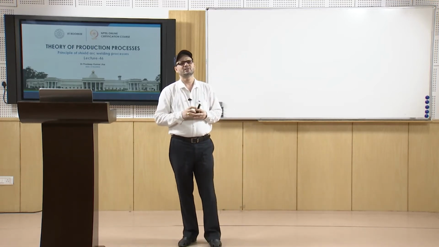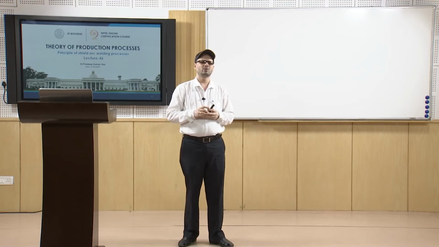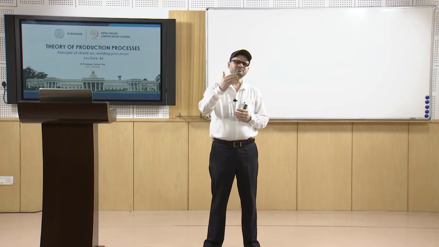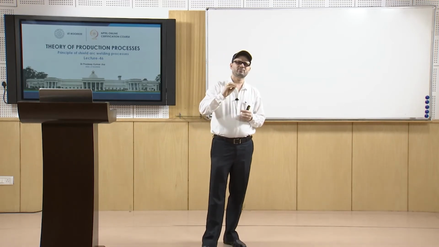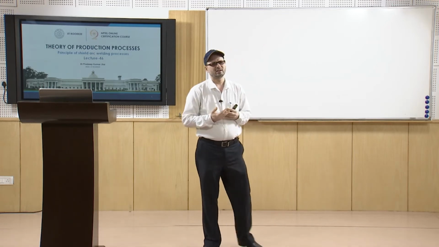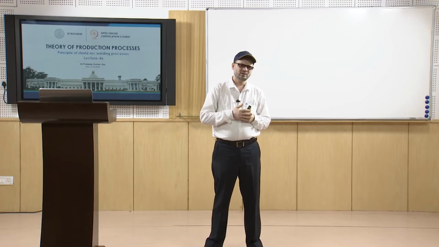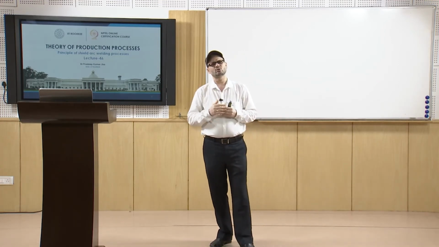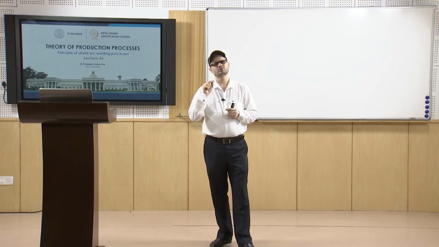Similarly, you have GTAW, which is gas tungsten arc welding. In that, we create the arc with an electrode whose job is only to create the arc. It does not get consumed, and the electrode is bare.